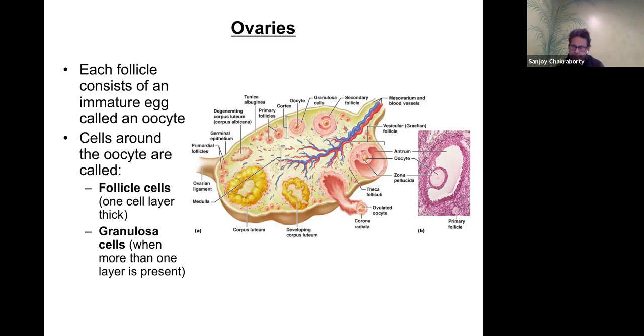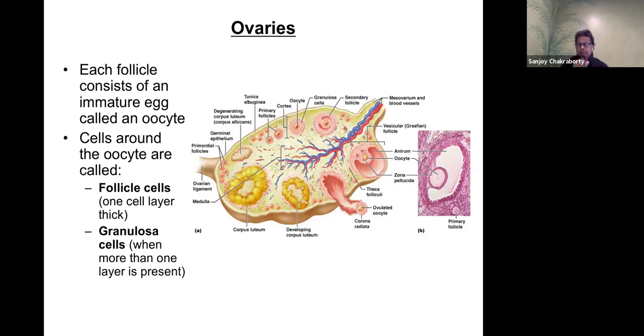But here, the story is a little bit different. When you're learning how we mature the egg, we not only have to learn the egg, we have to also know how that mature egg is producing hormones that control the uterus. The story is a little bit more detailed here.